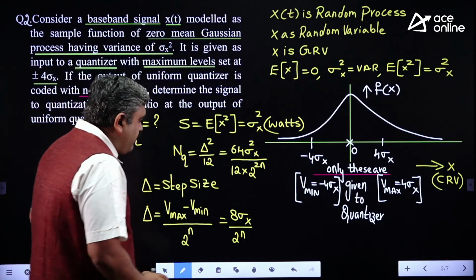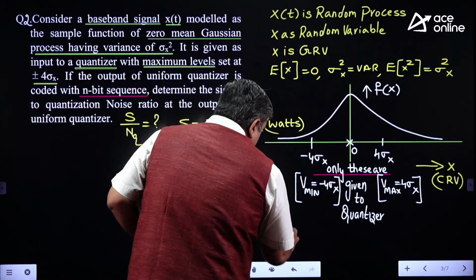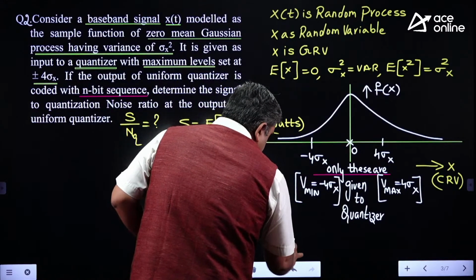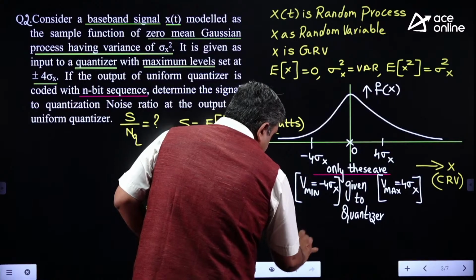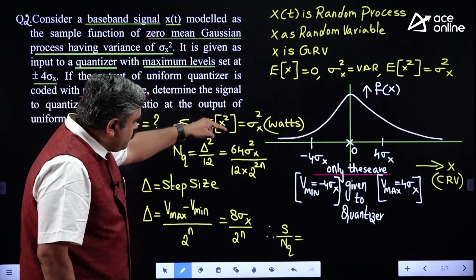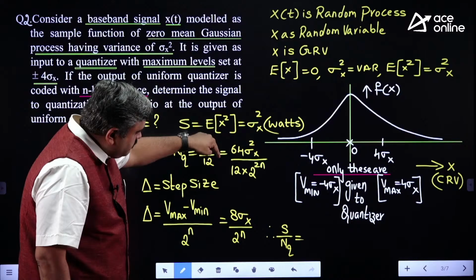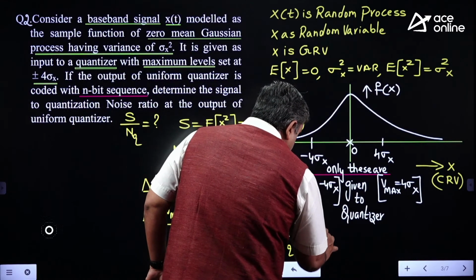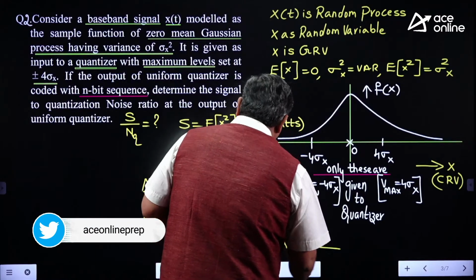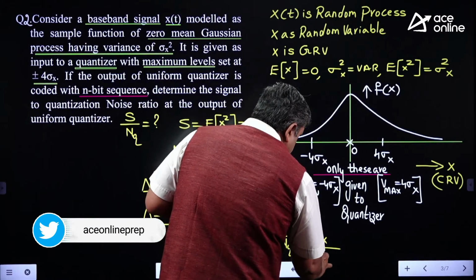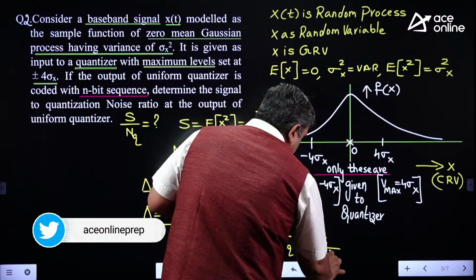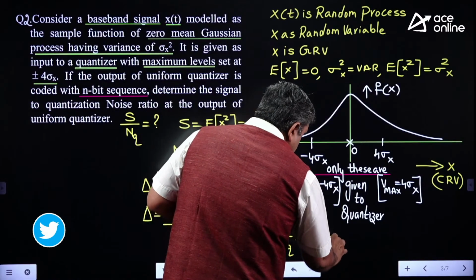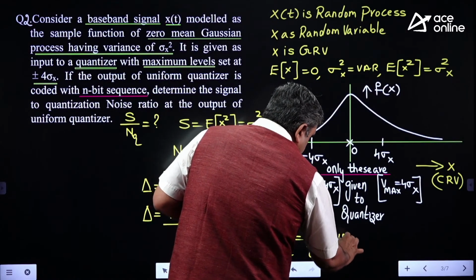Now therefore, what is the signal to quantization noise ratio of this PCM system? Sigma square x by 64 sigma square x into this value. That means you will get sigma square x divided by, in the denominator, sigma square x into 64, and in the numerator you will get 12 into 2 power 2n.